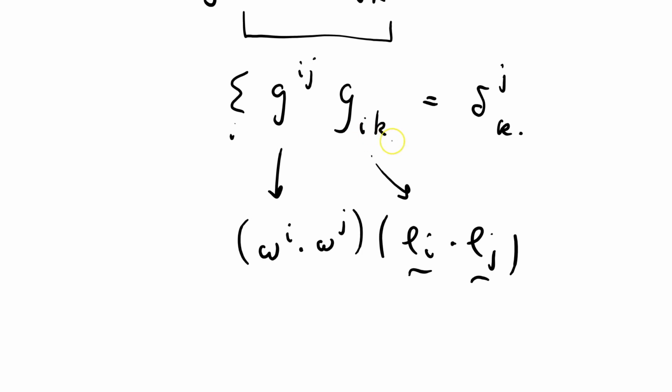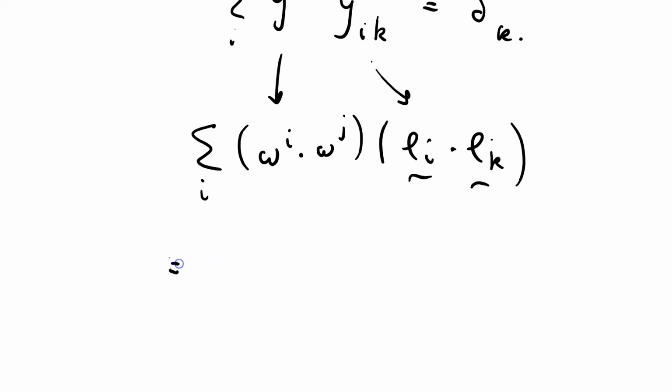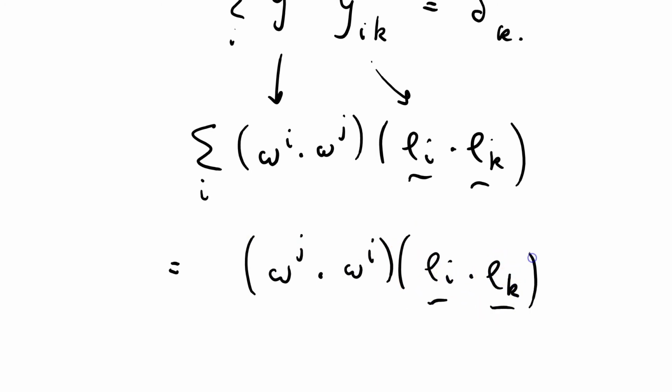No, I've got an i and a k, not an i and a j. It's easy to get this wrong. Okay, and of course that's summed over i. So I'm going to use the commutativity of dot products: omega j dot omega i, I'm just going to write it the other way around, ei dot ek.